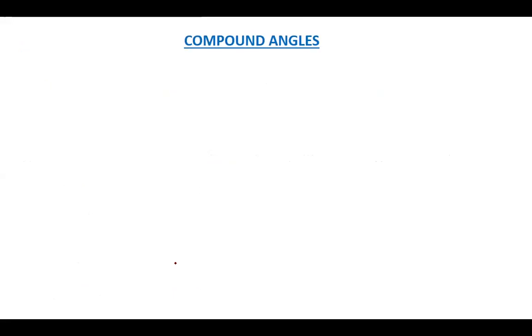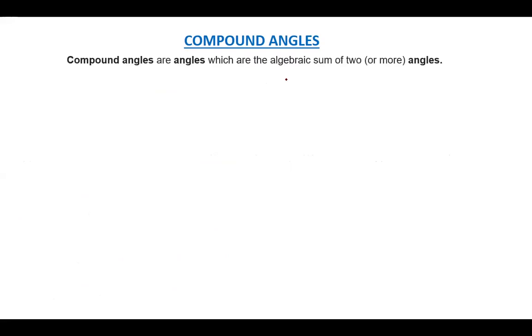We move on to compound angles. So compound angles by definition are angles which are the algebraic sum of 2 or more angles.